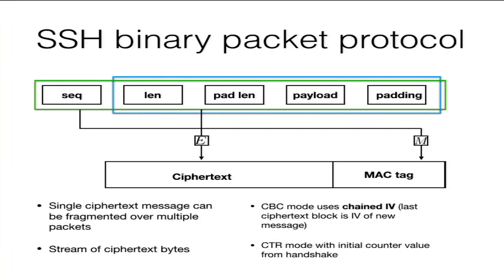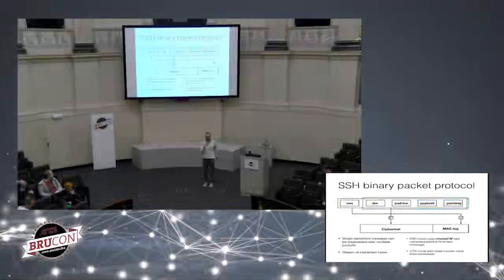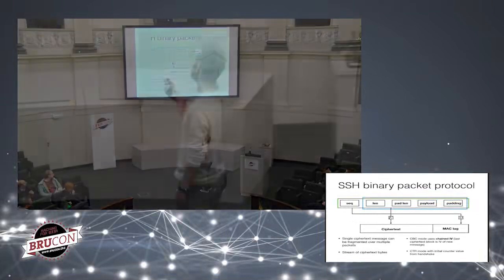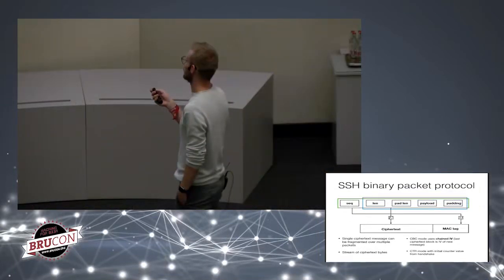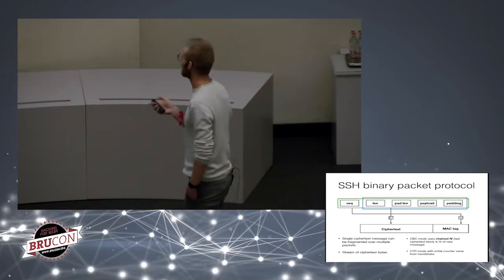If you remember, in the context of symmetric cryptography, we need to use a mode of operation. Typically, every single block has a certain length, so we need to make sure that the length of our message is a multiple of the block length. So we need to add padding. How much padding is defined by this field here. Then the payload, and then the padding itself.